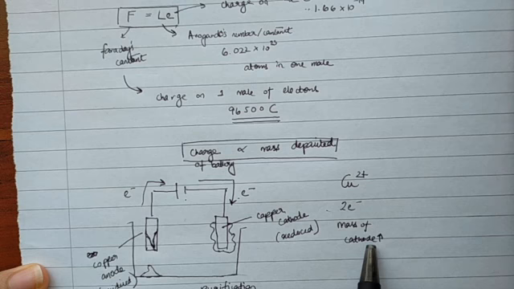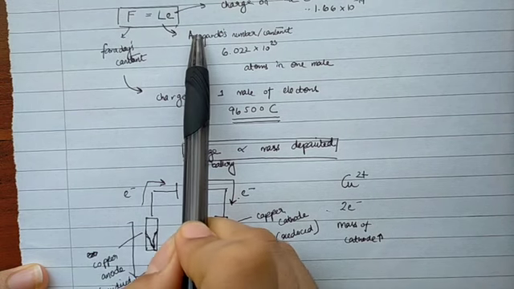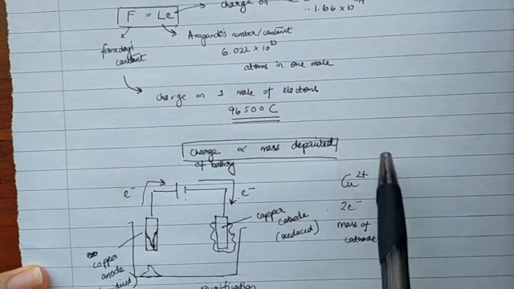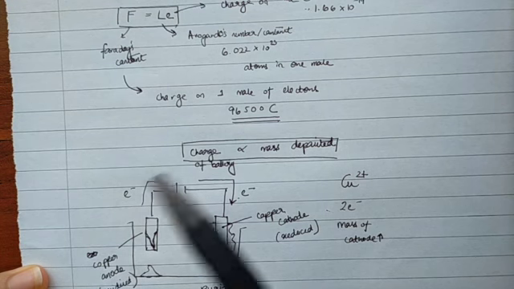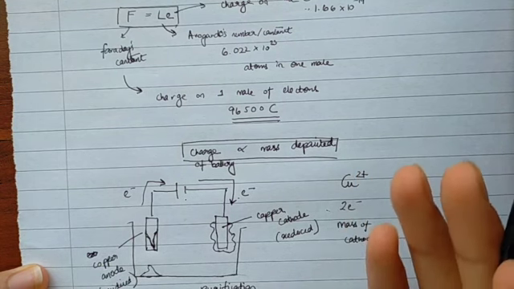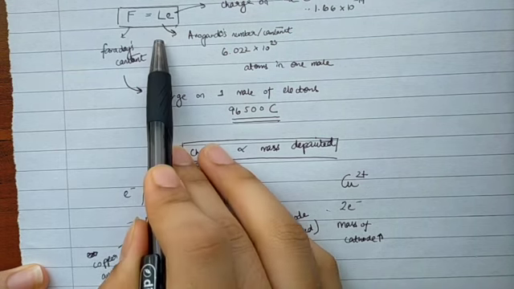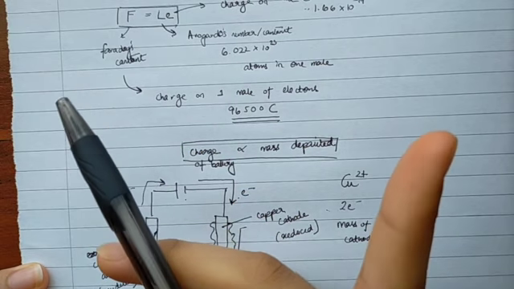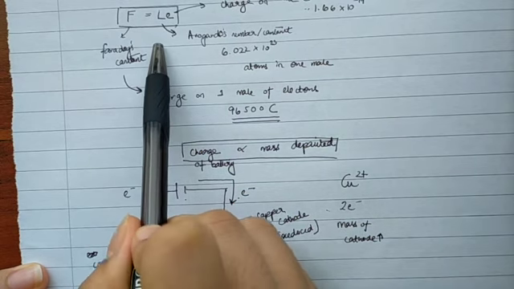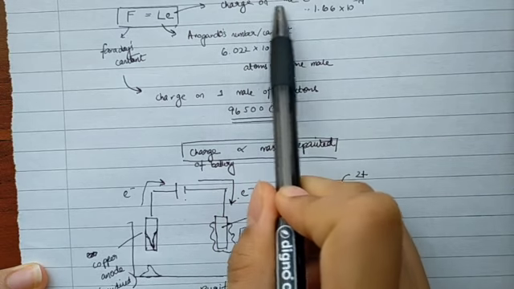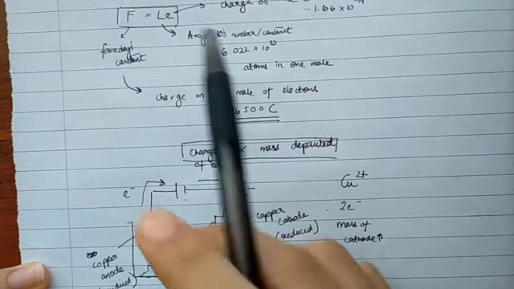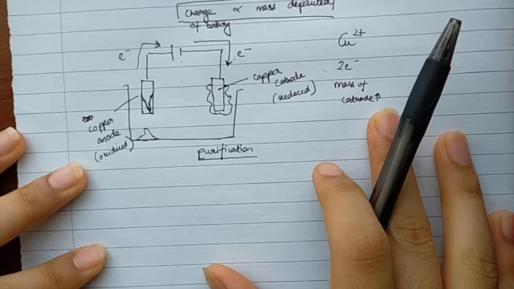Connecting this back to our Faraday's equation, this in general talks about the number of charge in general that you provide to this electrolysis setup. But here we're talking about the charge in 1 mole of electrons, which makes sense because we're looking at 1 mole and charge in 1 electron in our equation. So this is how all of this connects.